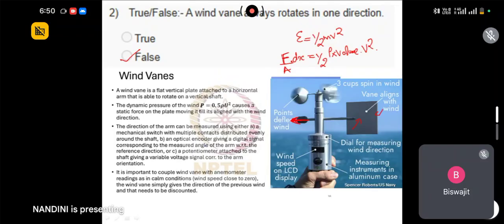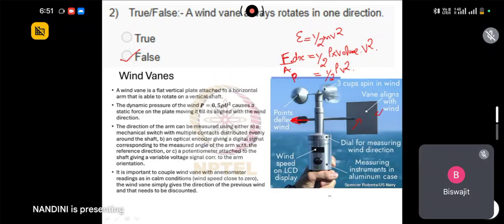So if it is unit volume, it will be half rho v square. Maybe unit distance it is considering, so you will get the dynamic pressure. Maybe it is dynamic pressure, not the actual pressure.